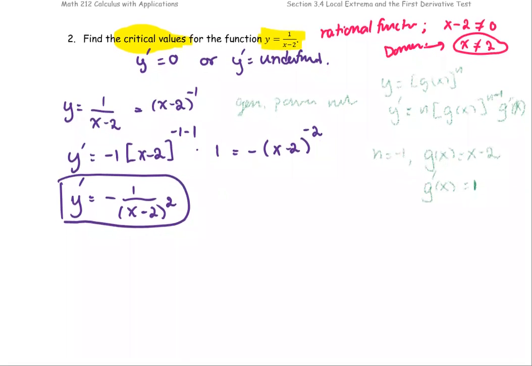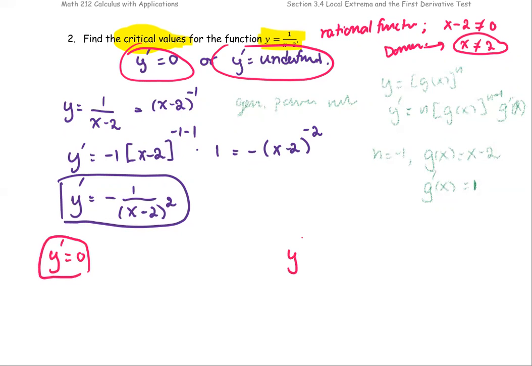Since we found y prime in the form of -1 over the quantity x minus 2 to the power 2, to find the critical numbers we look at two cases: the case that y prime equals 0, and the case that y prime is undefined.